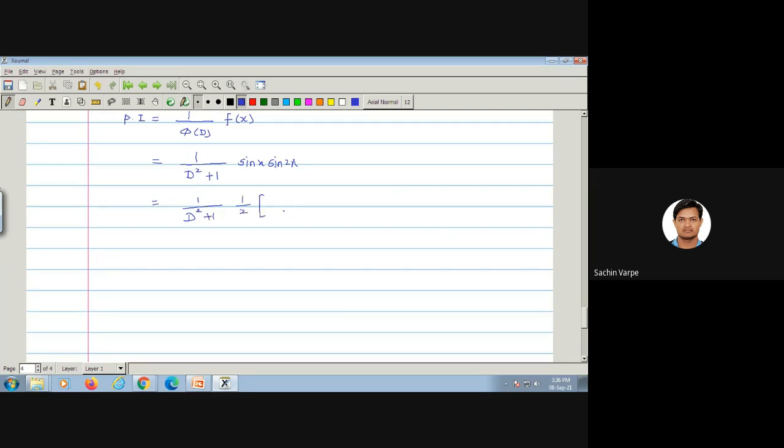Sin A sin B, just now we have seen the formula. Sin A sin B is what? Cos of A minus B minus cos of A plus B. So here A is x and B is 2x. So cos of x minus 2x is cos of minus x, minus cos of 3x.